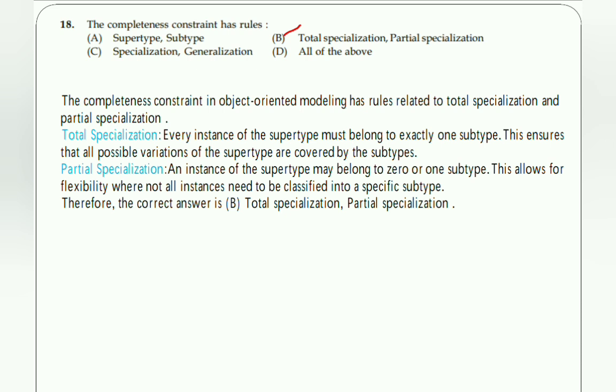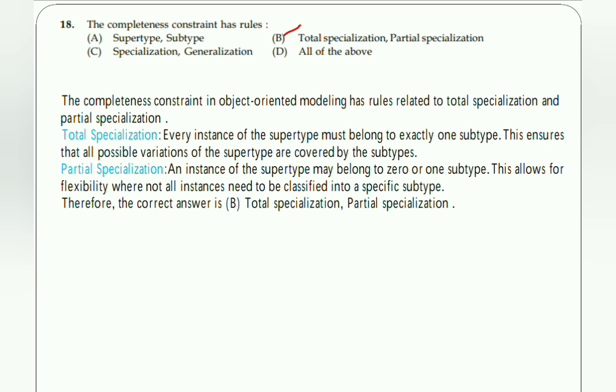So in the total specialization, every instance of the super type must belong to exactly one subtype. Right? If there is a parent class, there must be only one child class. This ensures that all possible variations of the supertype are covered by the subtypes. Okay. The next one is the partial specialization. An instance of the supertype may belong to 0 or 1 subtype. That means there won't be any child class, or there will be one child class.